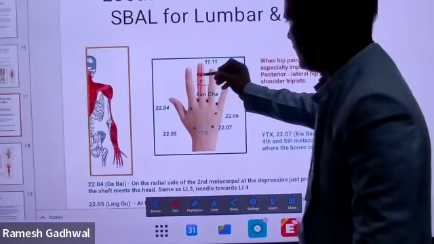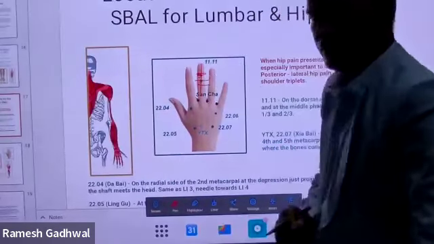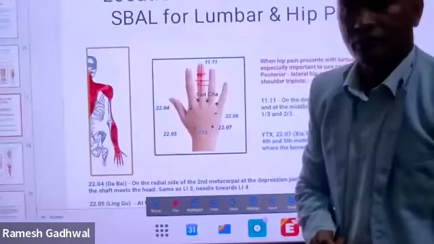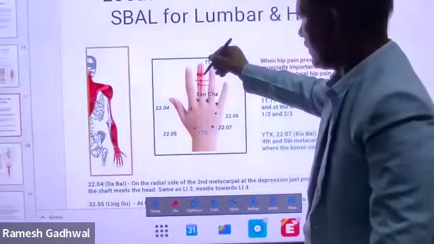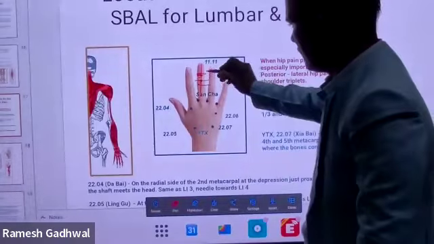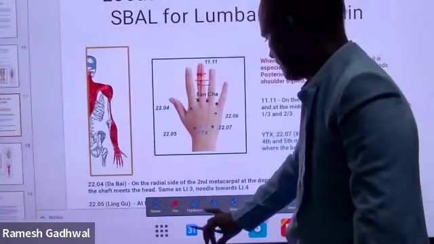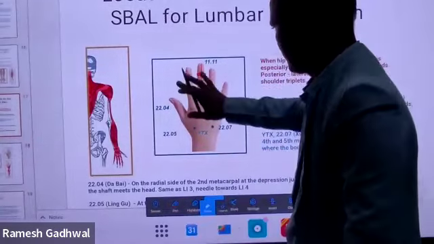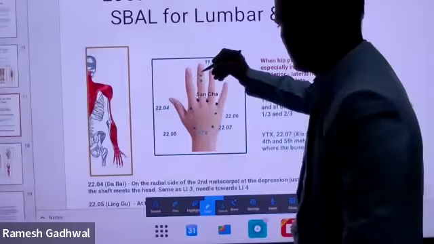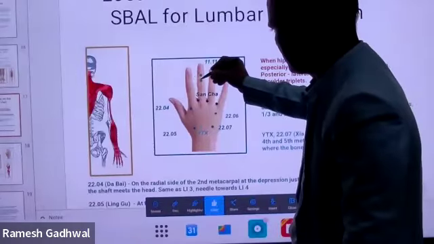Then there are two medial parts. 11.11, and you can insert one needle directly in this part.